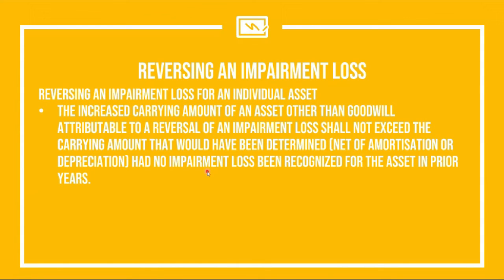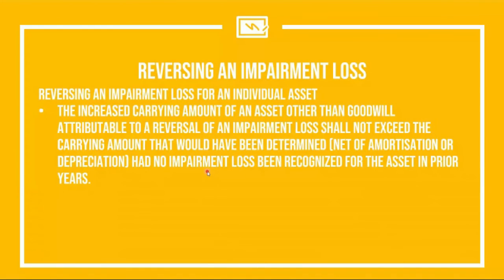So let us assume the carrying amount of the asset right now is already 1 million. When you determine the recoverable amount, it was 1,800,000. Okay? And when you determined the carrying amount, considering that no impairment happened, the asset would have a value of 1,500,000.